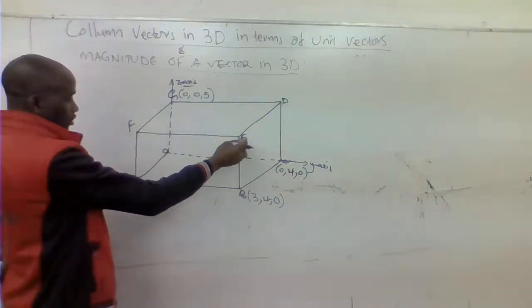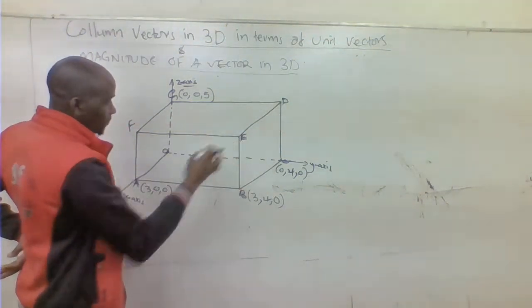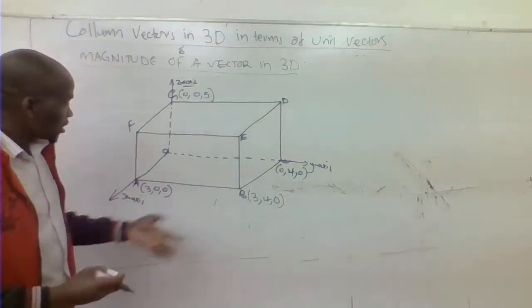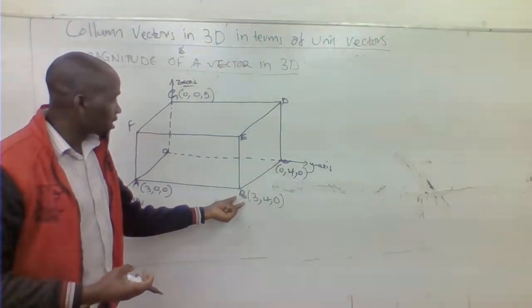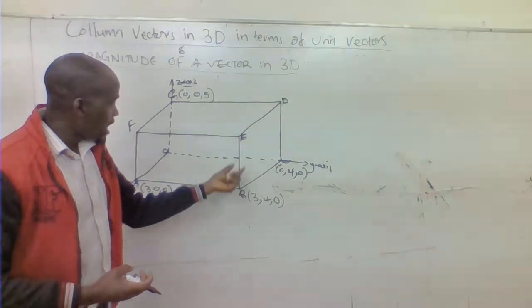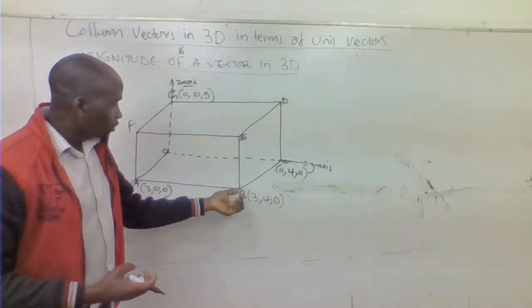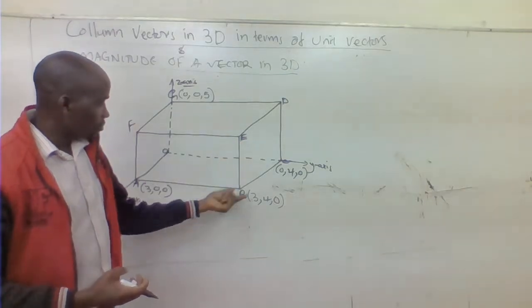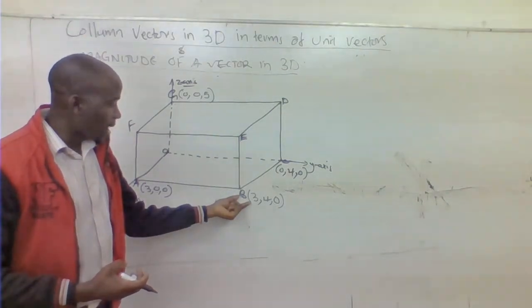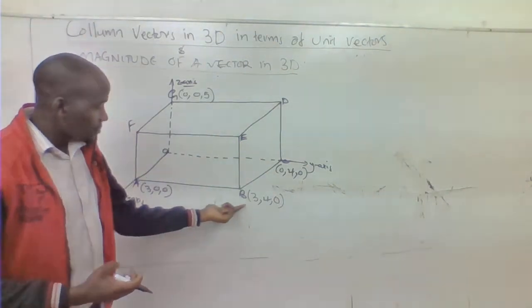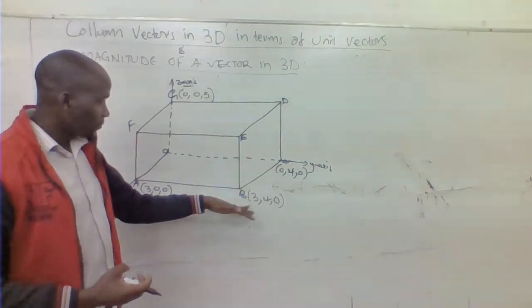You can also have the coordinate of point E. You can see that we have this perpendicular line joining point E to B. So the coordinate of point E will be equal to the coordinate of B in 2 dimensions, that is (3, 4).